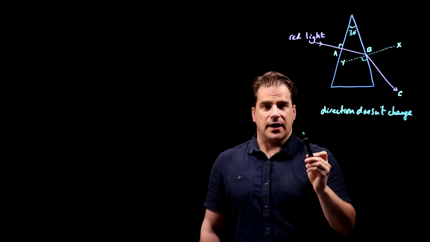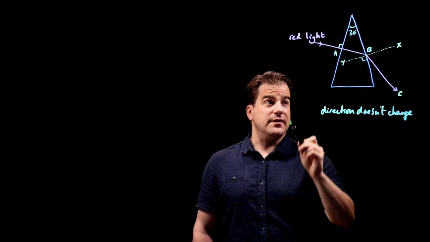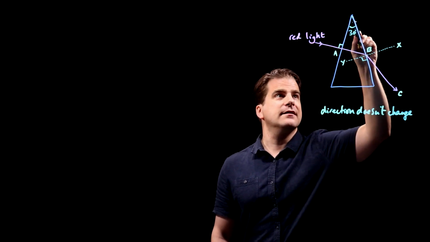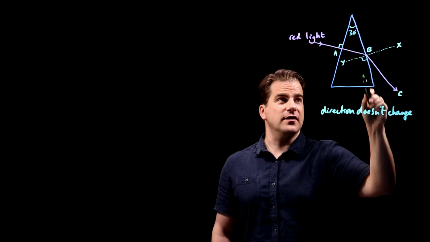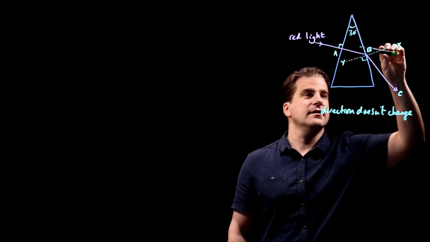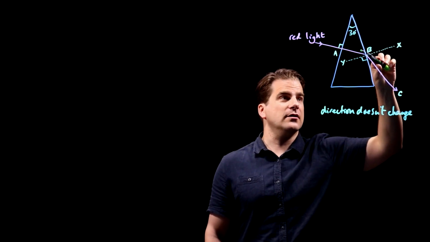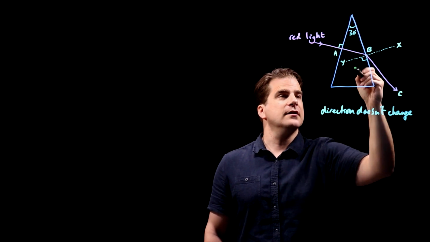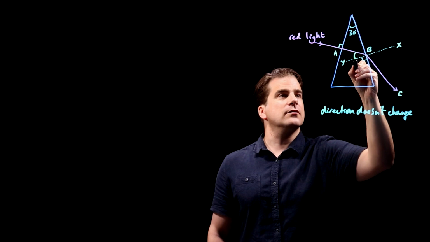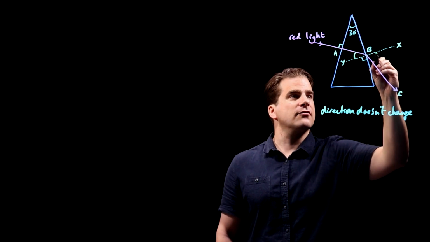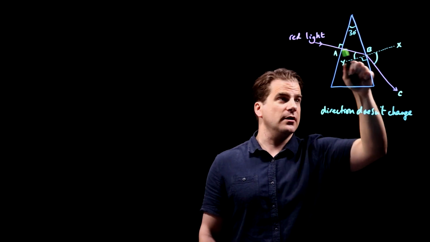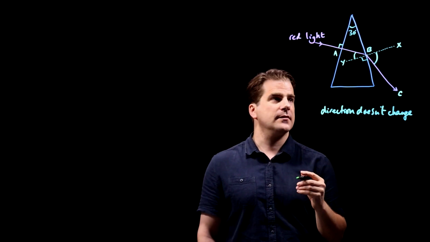You always measure angles of incidence and refraction between the normal and the ray, never between the surface and the ray, okay? So it's not that one and it's not that one, because those are between the surface and the ray. So the angles of incidence and refraction must be these two, between the normal and the ray, okay?